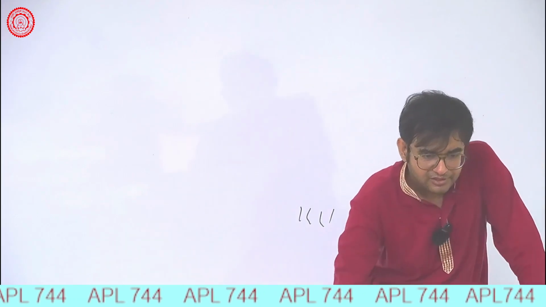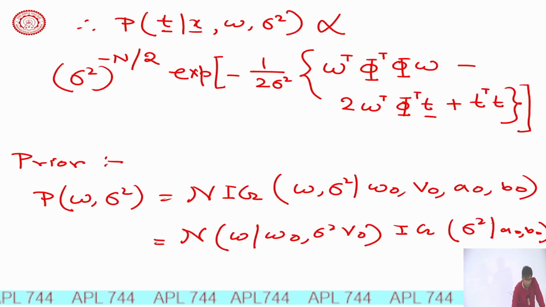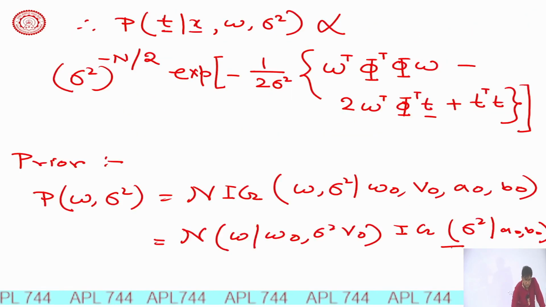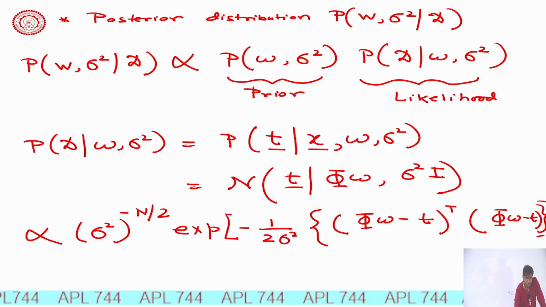So now let's call it equation 3, let's call it equation 2, not this one is equation 2, and we want to substitute equation 1 and 2 and 3 into equation 1.